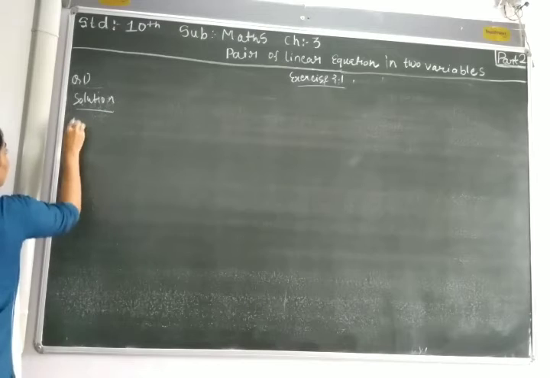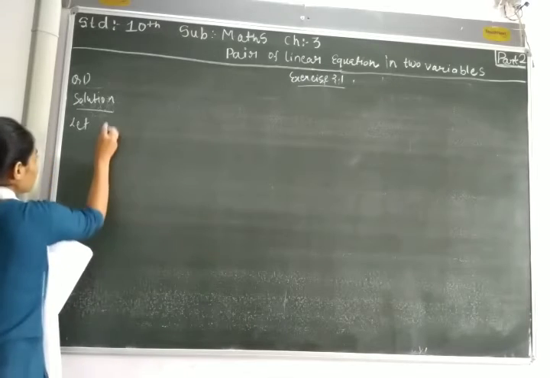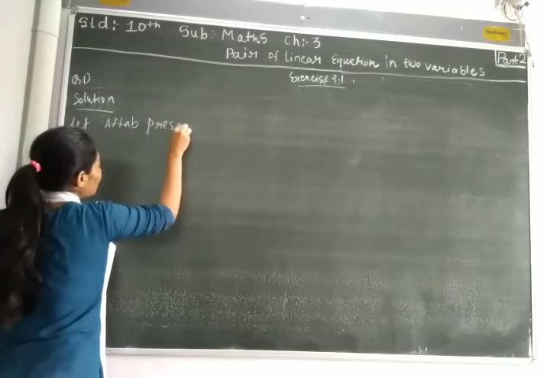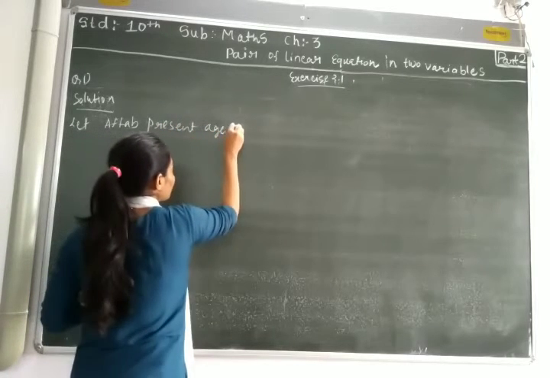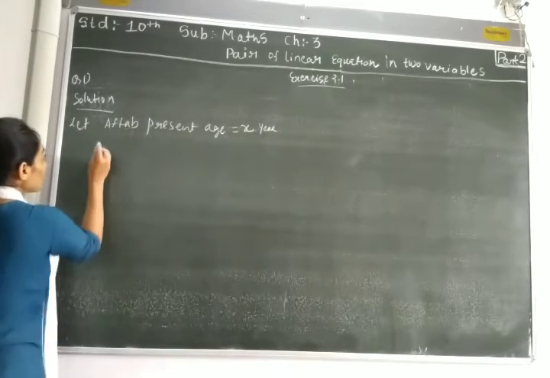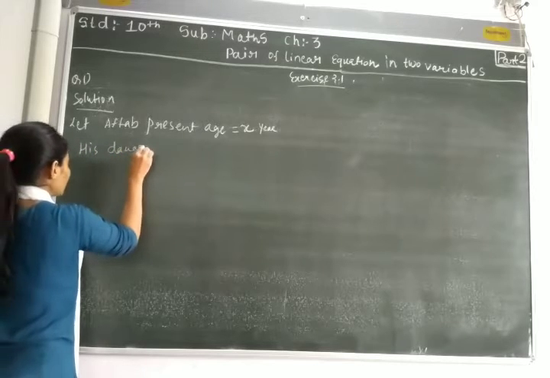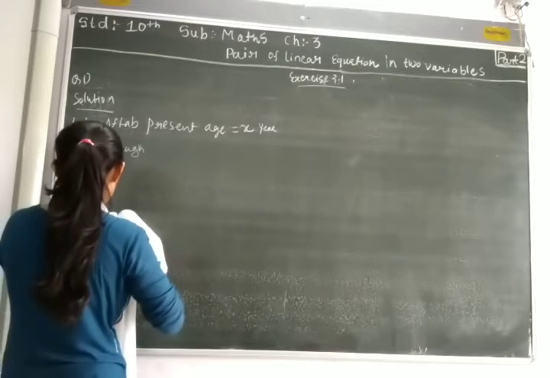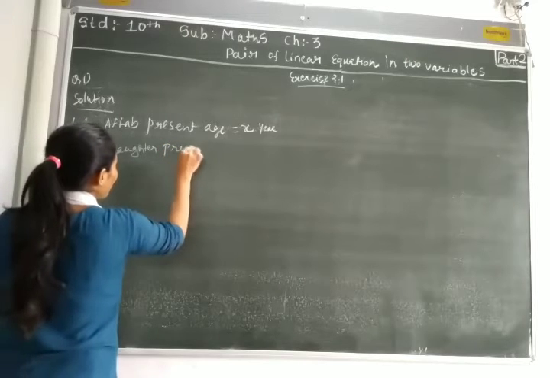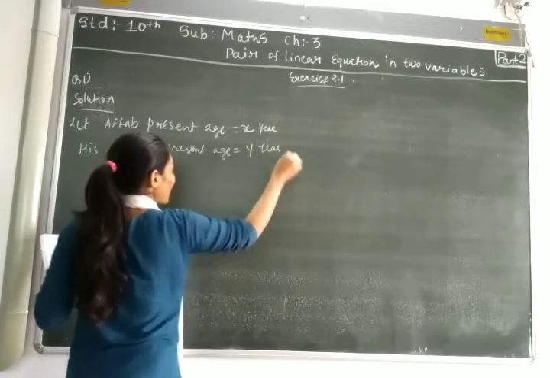Let the father's present age equal x years and his daughter's present age equal y years.